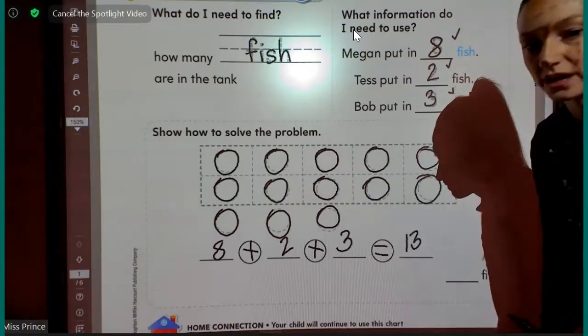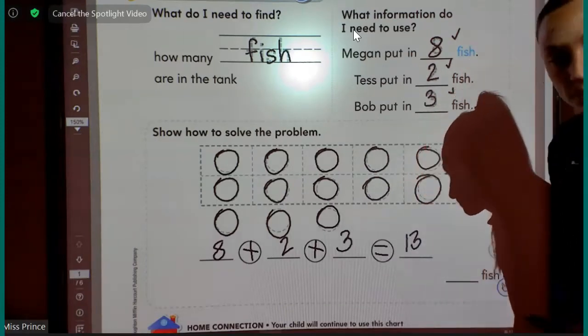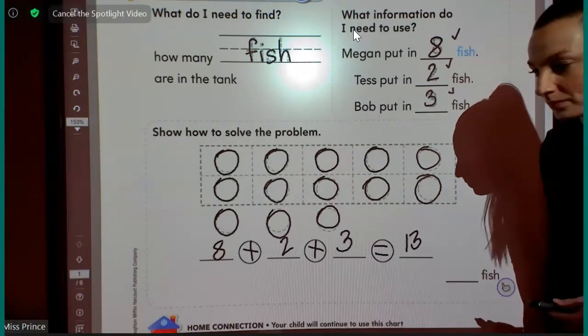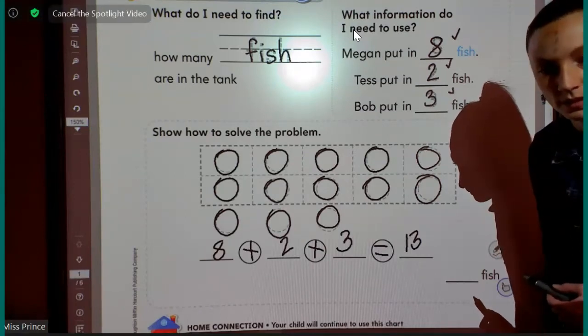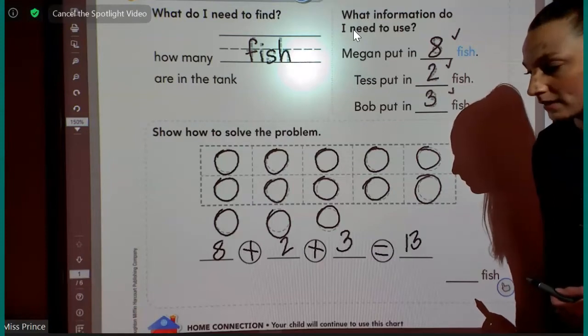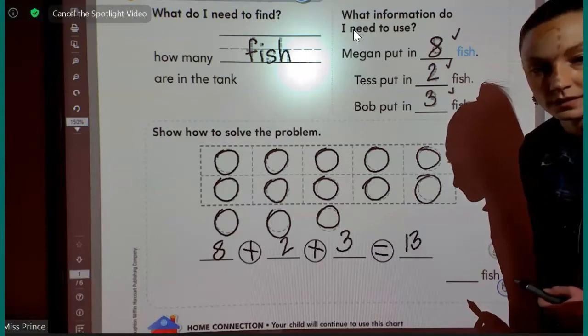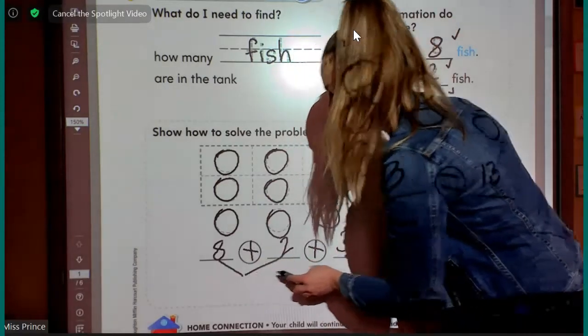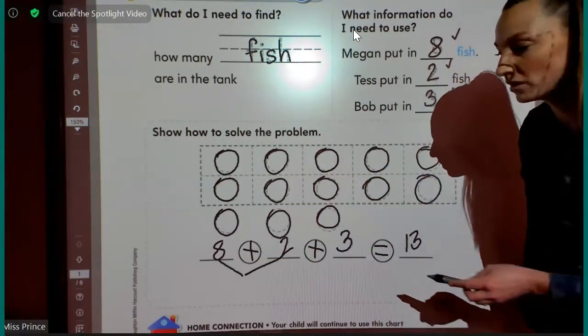Can you tell us your strategy? Did you put these 2 together? Yeah, I think so. And what does that equal?